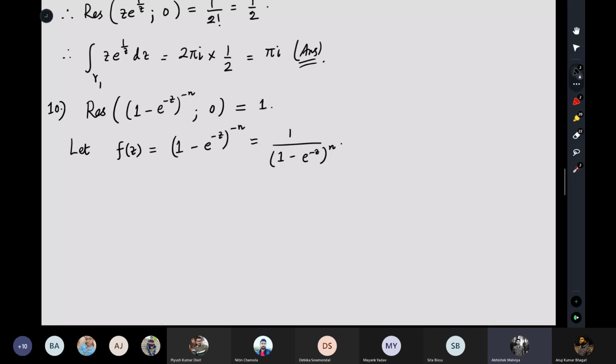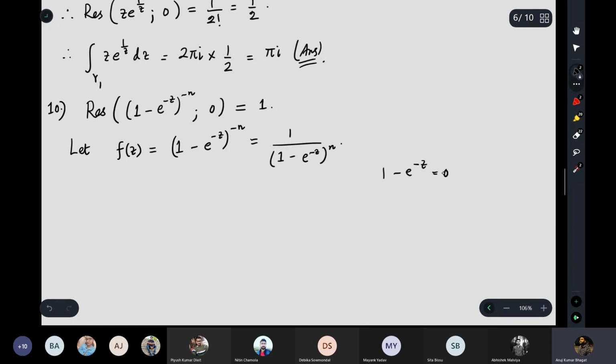z equals 0. Sorry, you are not audible. z equals 0, 2n pi i. Okay, only one? No. How will you find the singularities? Just equate the denominator to 0. That means e to the power minus z is 1, or you can also say e to the power z is 1.